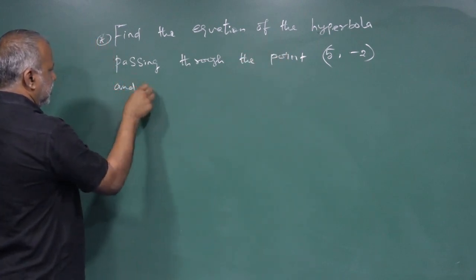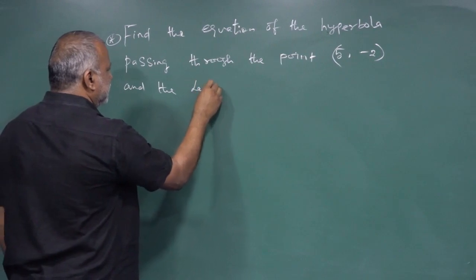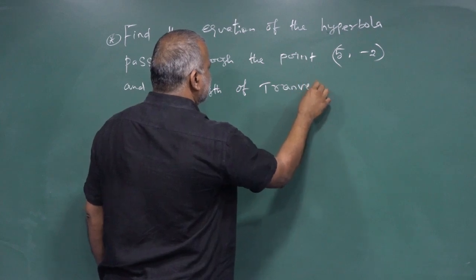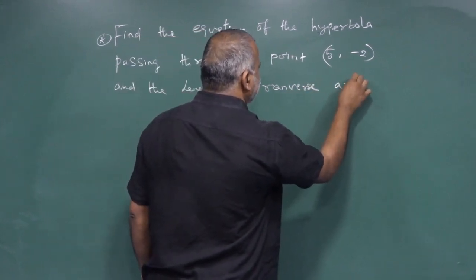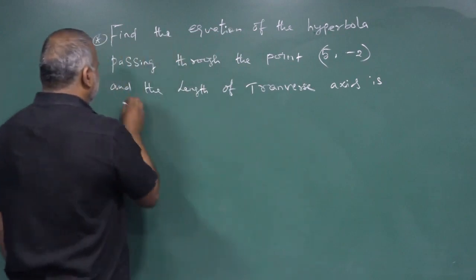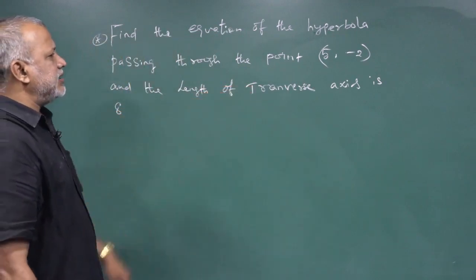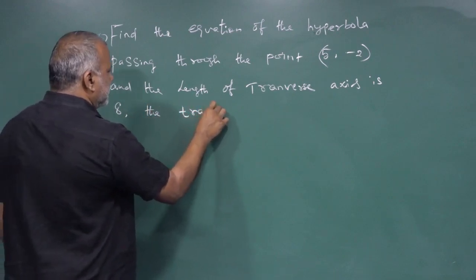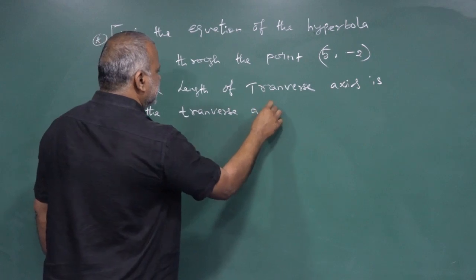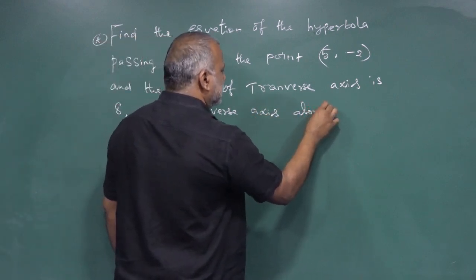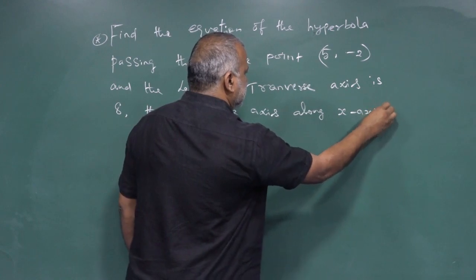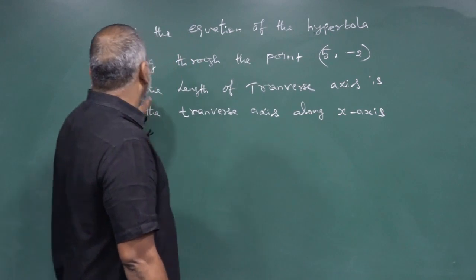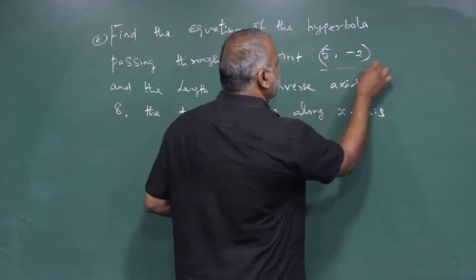And the length of the transverse axis is 8. The transverse axis along x-axis. These are the given information. Find the equation of the hyperbola passing through the point 5, minus 2.